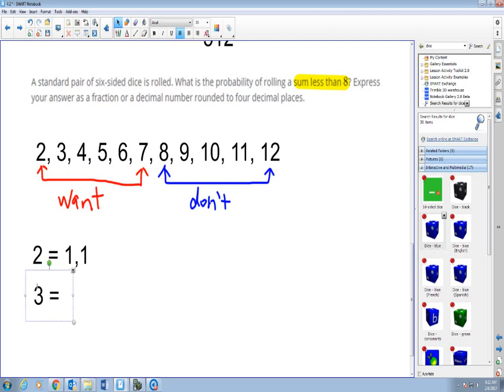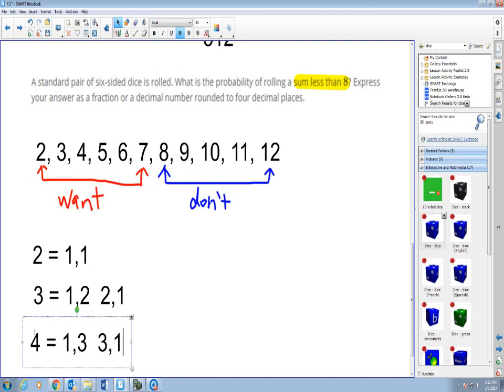To roll a sum of 3, I can roll a 1 on one die and a 2 on the other die, or I can roll a 2 on one die and the other die says 1. Sum of 4, I can roll a 1 with the 3, or I can roll a 3 with the 1, or I can roll a 2 and a 2. Sum of 5.